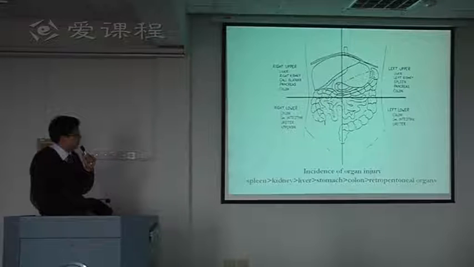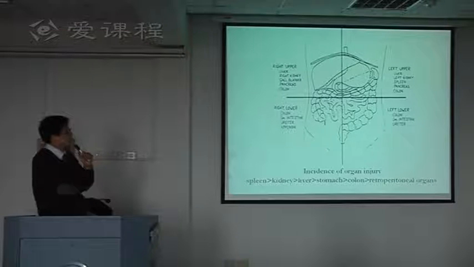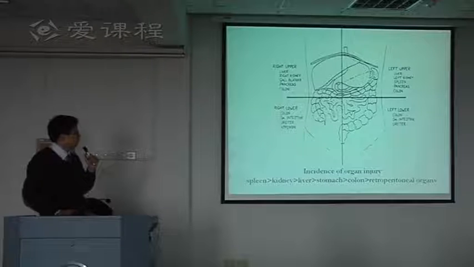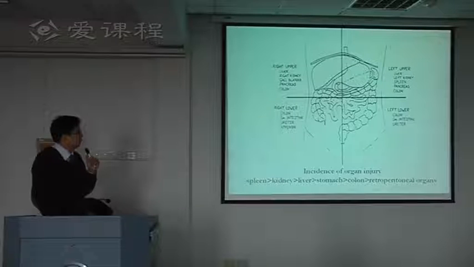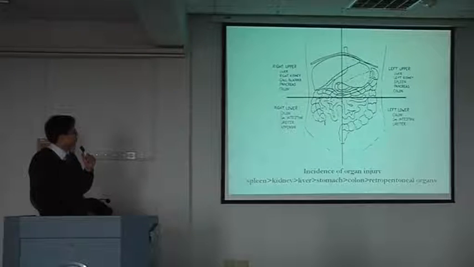For organ injury, you will know the incidence. For example, spleen is the most susceptible to injury. And the second is kidney, then liver, stomach, colon, retroperitoneal organs.